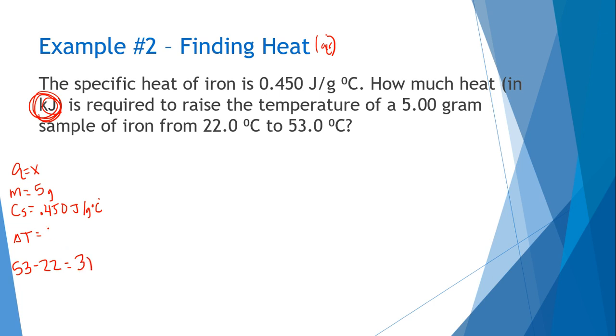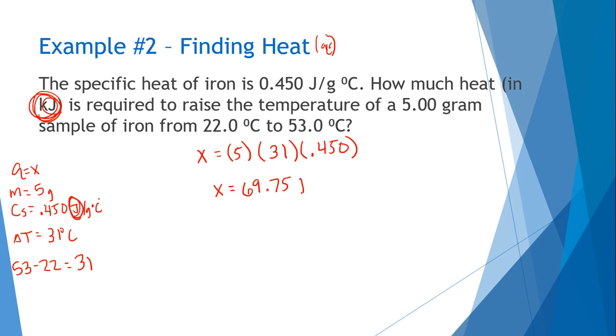So this is going to be 31 degrees Celsius. Then we can plug in what we know. We don't know my Q, times my mass times my change in temperature times my specific heat. And when you go to solve this, you're going to see that Q actually equals 69.75.